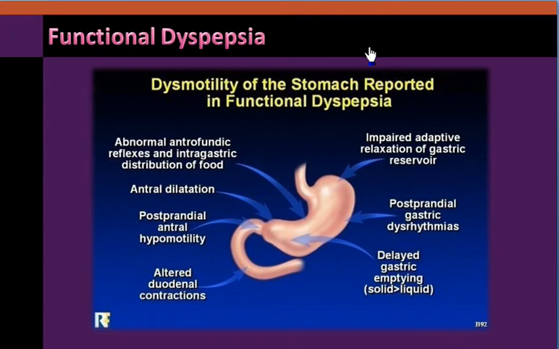The most important underlying pathology in functional dyspepsia or FD is gastric dysmotility.